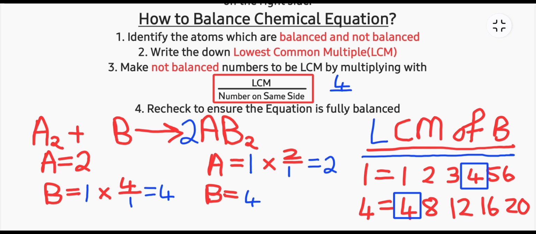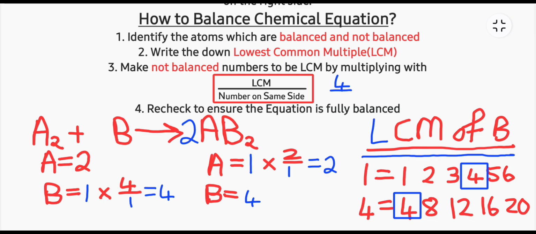So now that B is the LCM, I can take this and multiply it in front of B. I can multiply like 4 over 1. So 4 over 1 is 4.